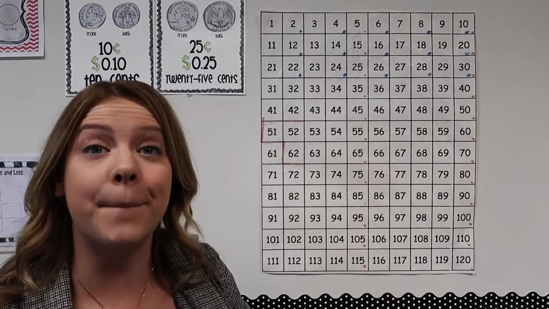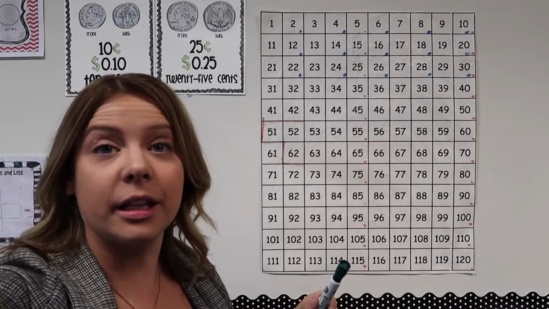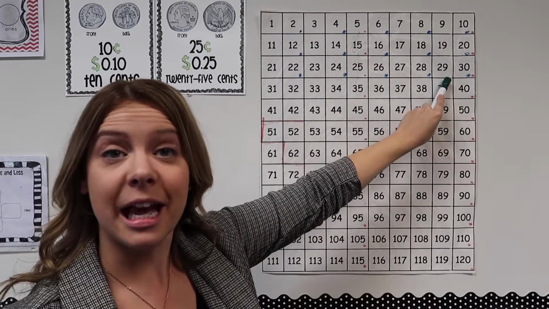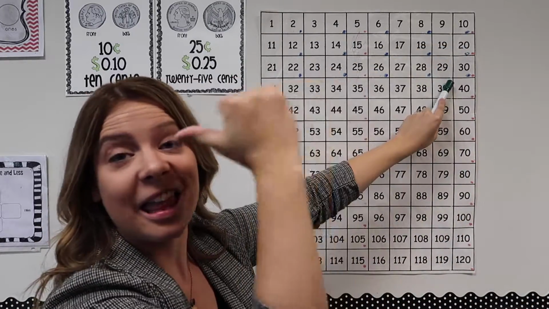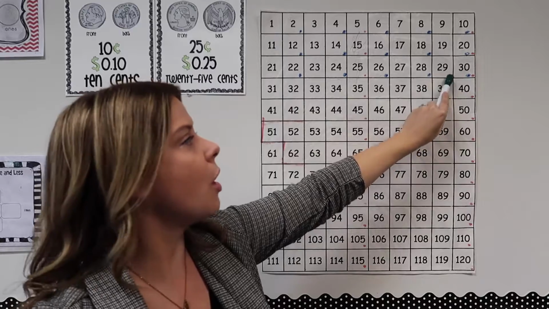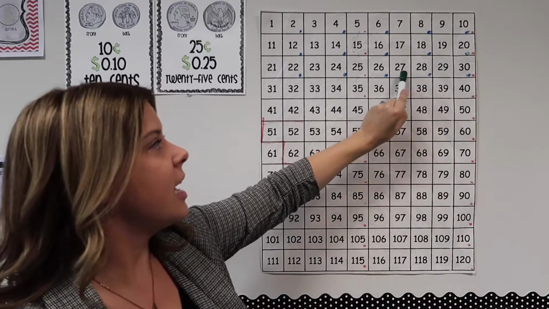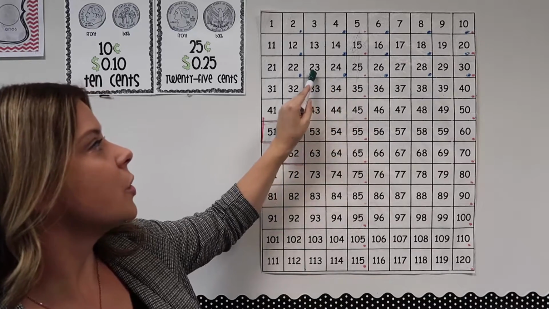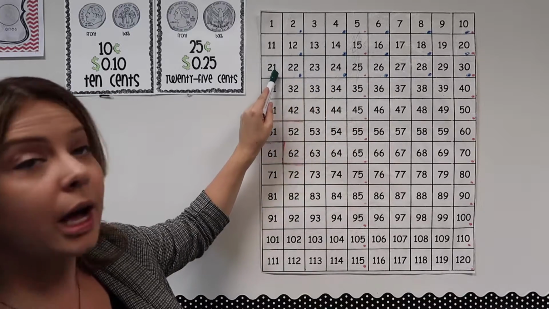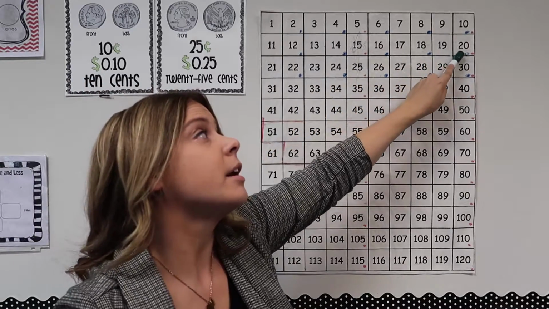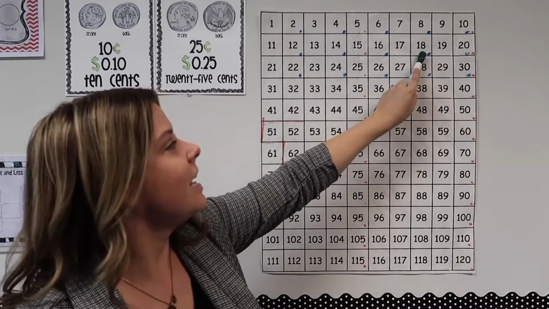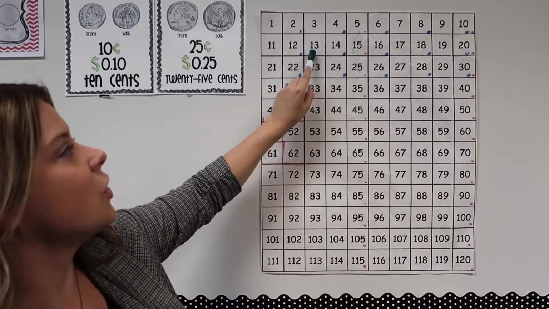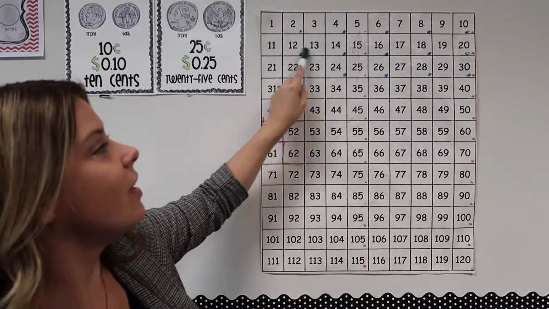Now, if we were to count backwards, we could start at like 29, and we would count this way. So we would go 29, 28, 27, 26, 25, 24, 23, 22, 21, come back up here, 20, 19, 18, 17, 16, 15, 14, 13, 12, 11, all the way up here.